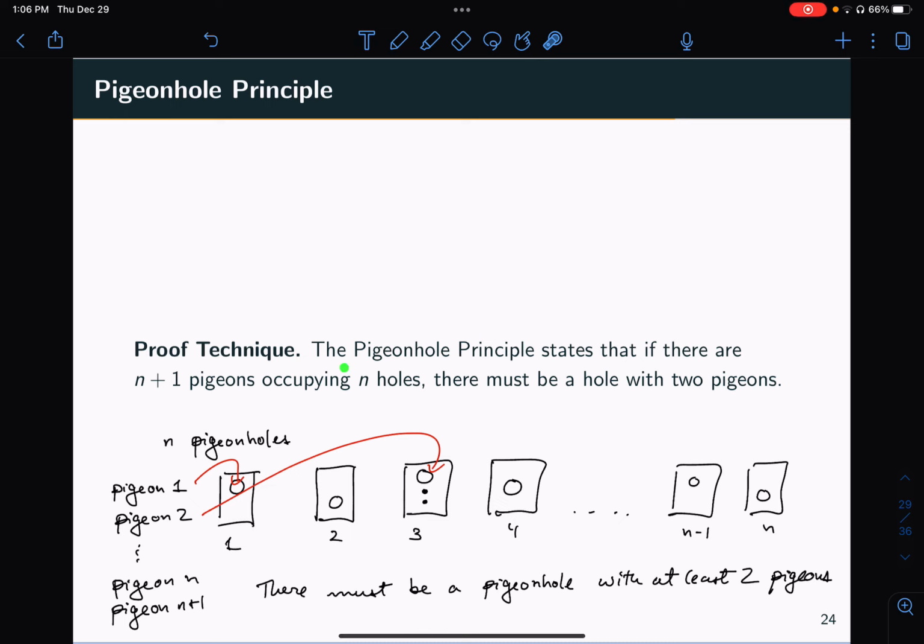And so here, the term occupying is slightly misleading. What we really mean is you have n plus 1 pigeons and they can choose from n pigeonholes, right? So really the correct way, if you want to have this really precisely down, is n plus 1 pigeons choosing, let's say, to stay in n pigeonholes, okay, then what will happen is that at least one of these pigeonholes will be occupied by at least two pigeons, right?